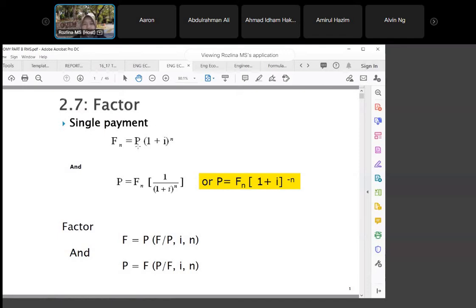The present value is given. You want to find the value at this year, which is F at year 5. So F5 equal to P, 1 plus I, power of 5. The I is the growth rate, maybe 12%, 5%, 10%. And to get P, this is only a conversion. Just convert.